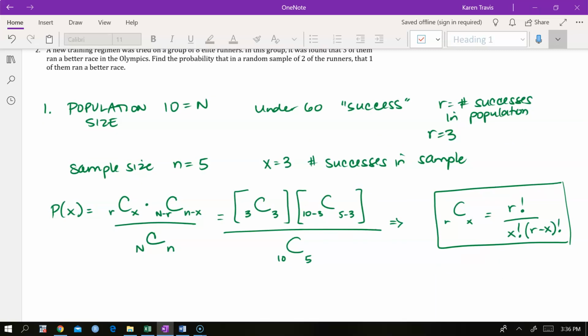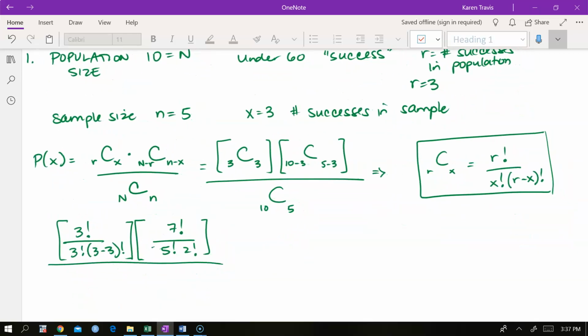So when we look at the ones we have, we need 3 factorial on the top, 3 factorial on the bottom, and 3 minus 3 factorial is the first one. Then we're going to have 7 factorial on the top, 2 factorial on the bottom, and 5 factorial on the bottom.